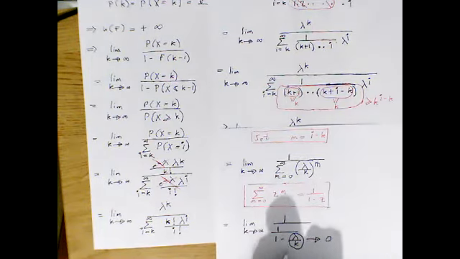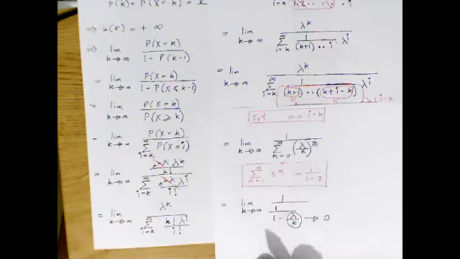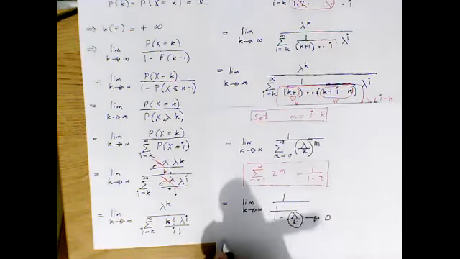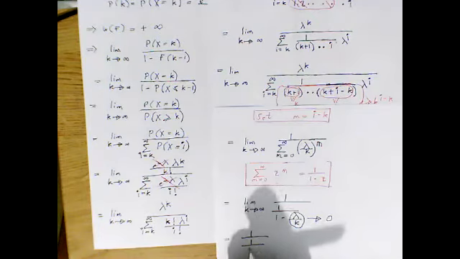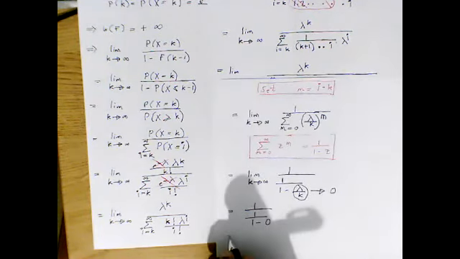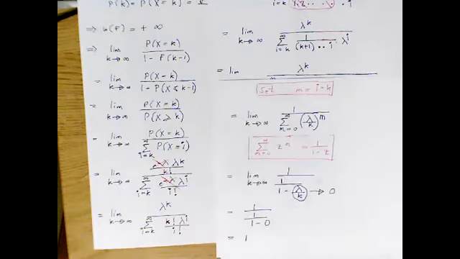So you have 1 divided by 1 minus 0, which is 1. So the limit is 1 divided by 1 minus 0, which is equal to 1, right?